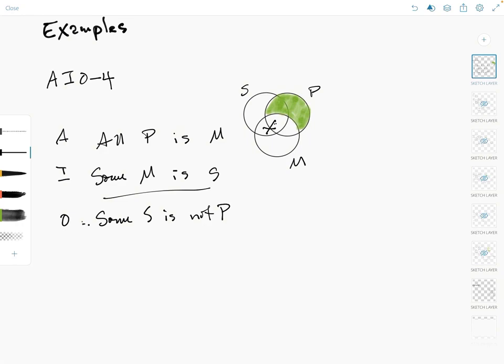All right. Now, ask yourself, does this diagram as we have drawn it with the information from the premises require the conclusion to be true? Notice it allows the conclusion to be true because there might be an X in the region of S outside of P, but the diagram as it stands doesn't require it.